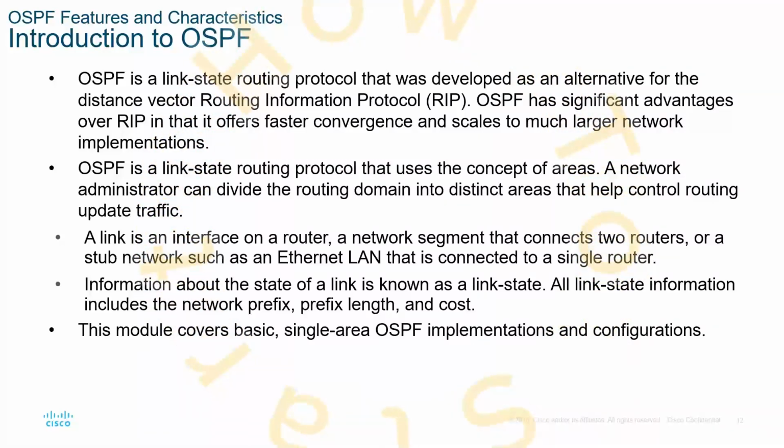A big takeaway is link state basically means that all routers will have a map, per se, of all other devices on the network. It builds a map for connectivity on the overall network.